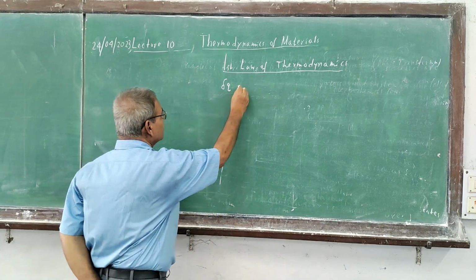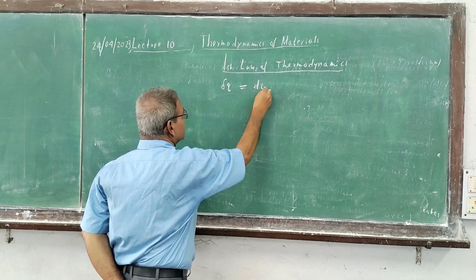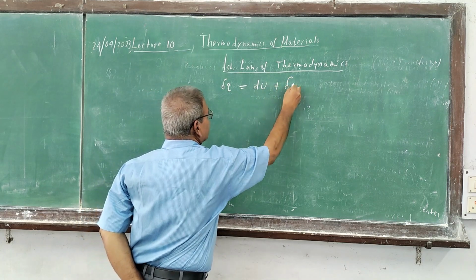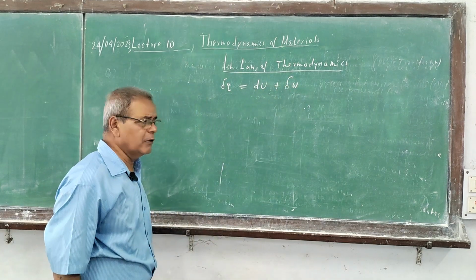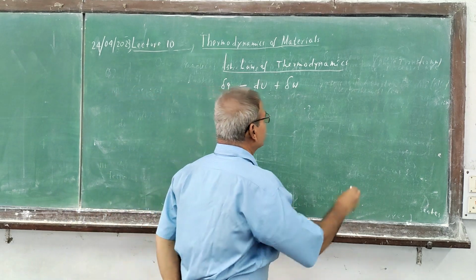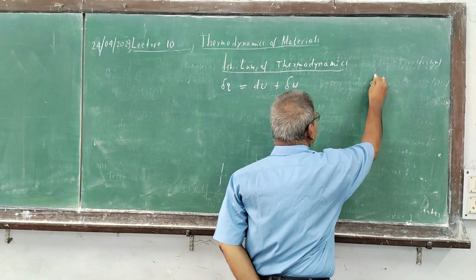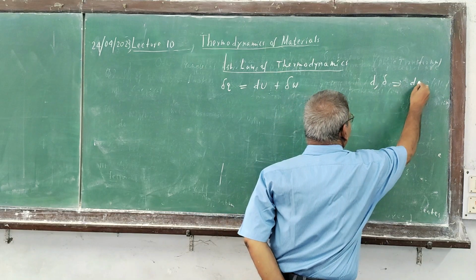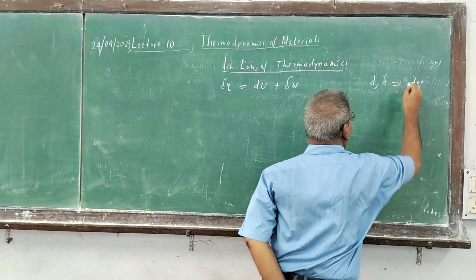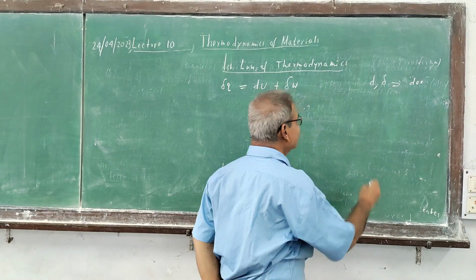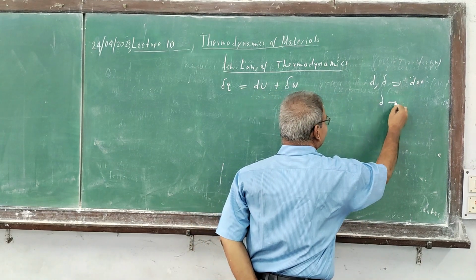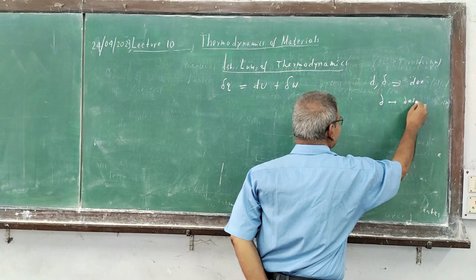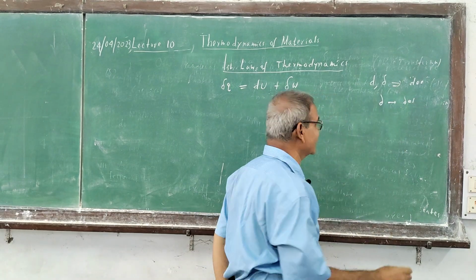What is that? dq is du plus dw. I pronounce this as d, and this is what? del y del x, we say del.